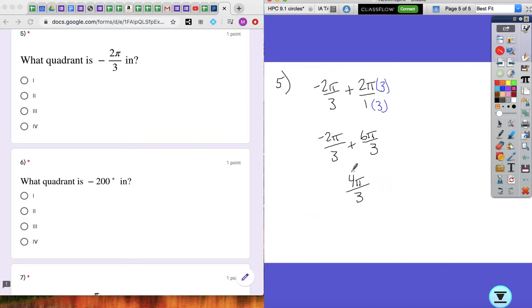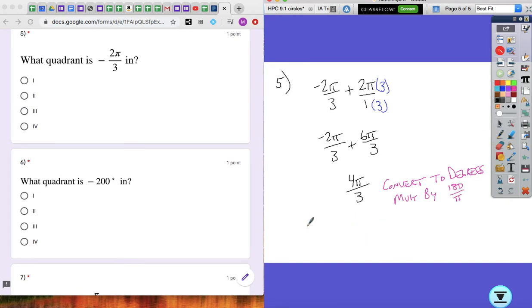So if I want to convert to degrees, what I need to do is multiply by 180 over pi.